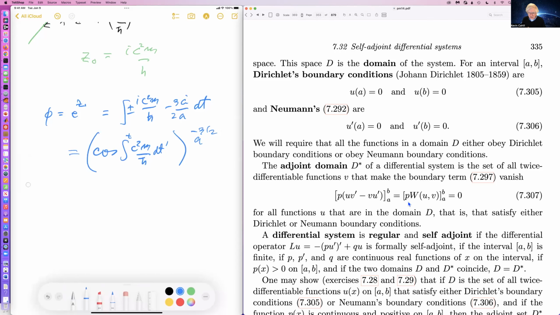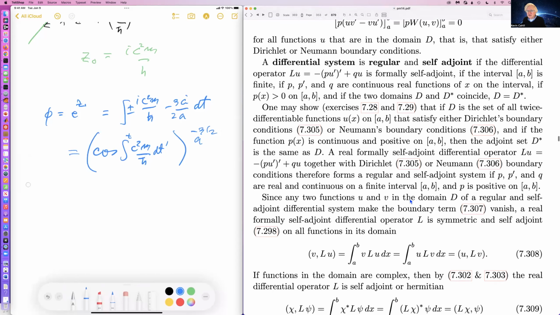Wronskian boundary conditions. And so then what we say is that a differential system is regular and self-adjoint. And so this is basically the mathematicians covering all bases, so nobody slips. And what they have then is that a differential system is regular and self-adjoint if the differential operator is formally self-adjoint. Well, this is formally self-adjoint.